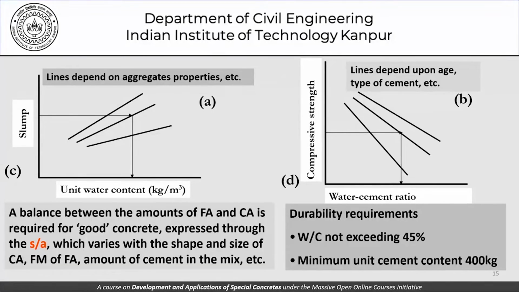And as far as the concrete is concerned, there could be other than the workability and strength requirements, which could be durability. For example, it could say that water cement ratio not exceeding 45%, minimum unit cement content being 400 kgs or whatever that number is.